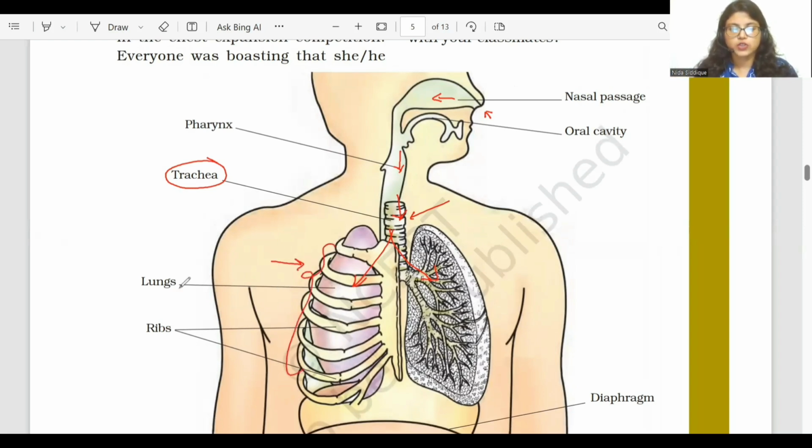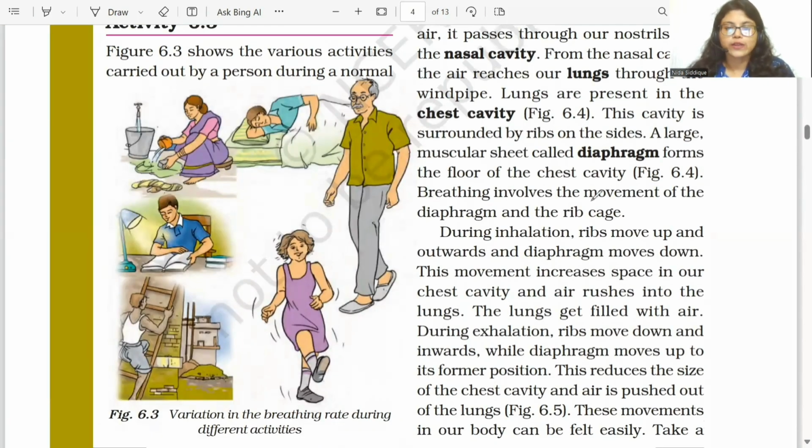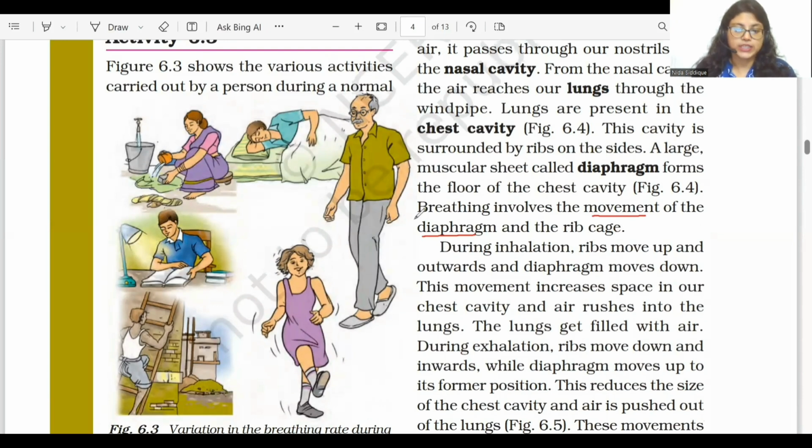The rib cage is going to protect our lungs and heart from all kinds of damage. And the diaphragm is going to form the floor of our chest cavity. So breathing involves the movement of both the diaphragm and the rib cage.